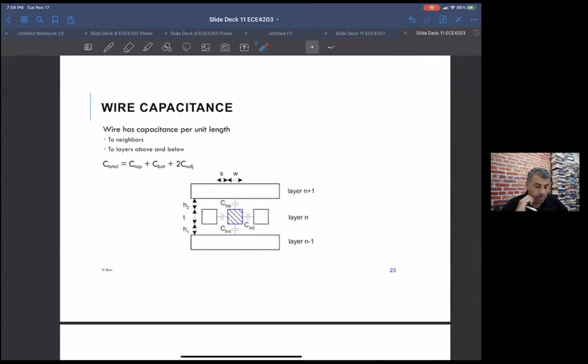So what people do is they just keep adding capacitances as if they're individuals that aren't affecting each other. If you have adjacent lines, you drop in the capacitance for adjacent lines. If you have top and bottom lines, you add those.